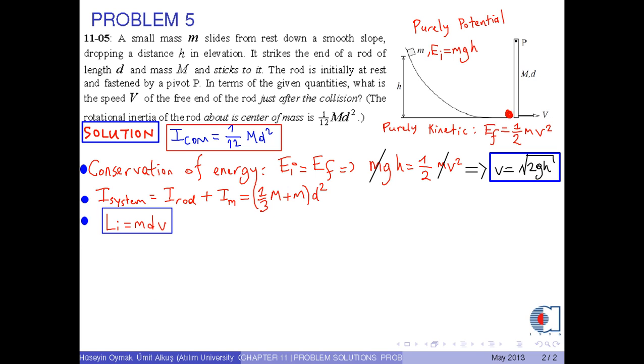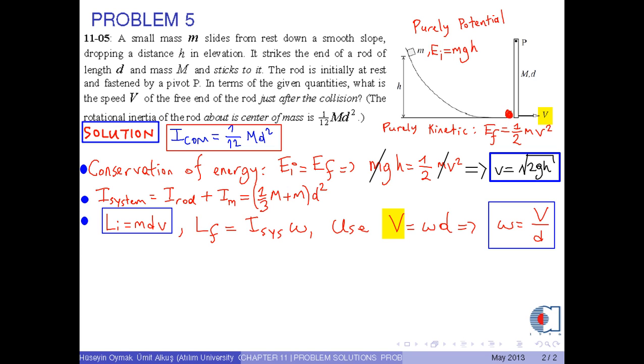Next, we use a definition of angular momentum for the angular momentum after the collision, that is, Lf equals I system times omega. Now, if we use the relationship between the linear speed and the angular speed for the V, that is, V equals omega times d, then we obtain the angular speed as V over d.